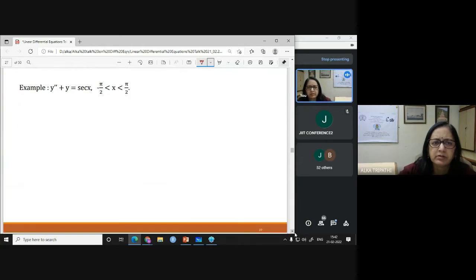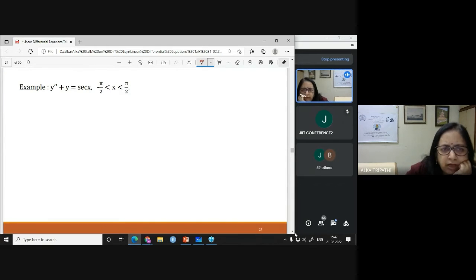For example, if you have y double dash plus y equal to sec x, and you are asked to solve this one, then the first thing is you need y1 and y2. Y1 and y2 for this one will be, let us see, the auxiliary equation m square.